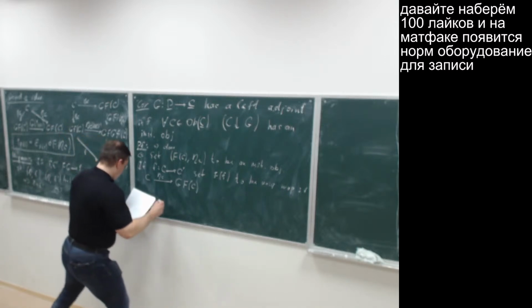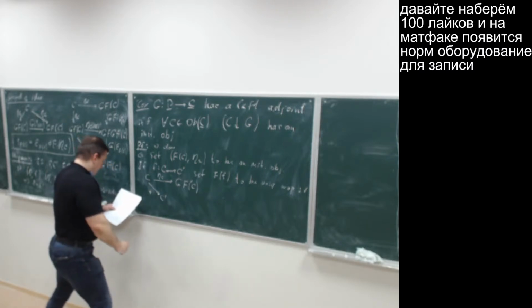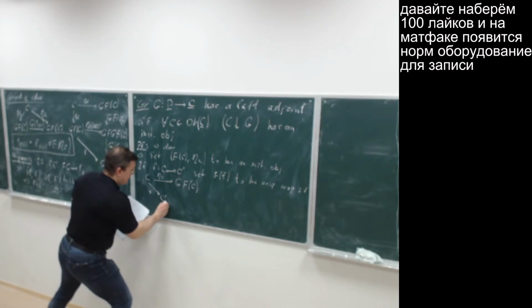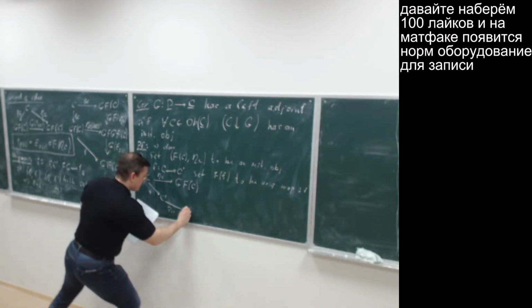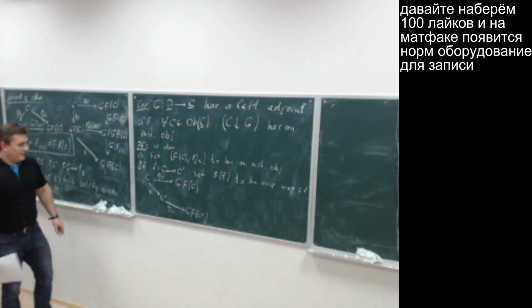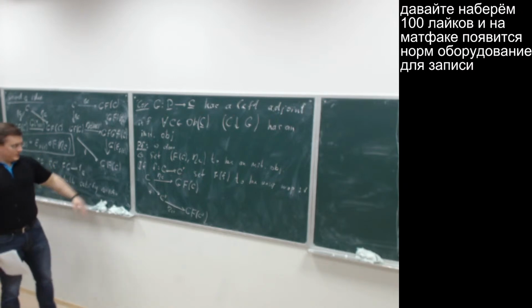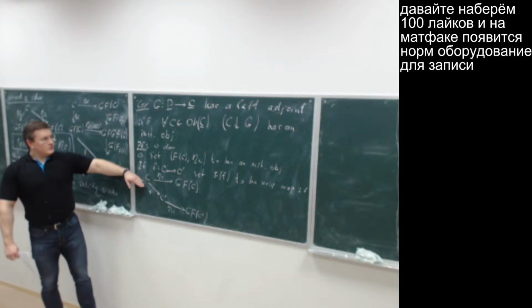So then another diagram is the following. From C, I have a map to C prime. This is map f. Then from C prime, I have another map, eta sub C prime, to G F of C prime. Right, so this composition will be another object in the comma category.